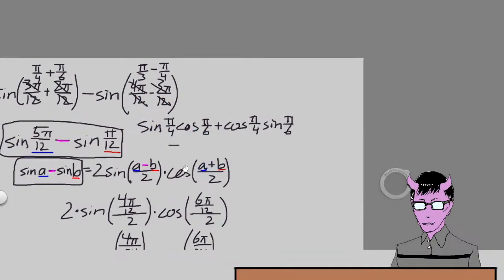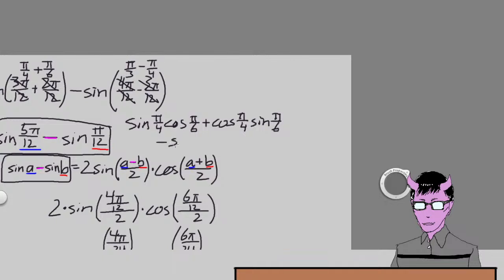Same strat: sine, cosine, cosine, sine. Pi over 3. Sine keeps the same sign, so minus. And since this is a minus, be careful, put in the brackets. And then cosine sine.